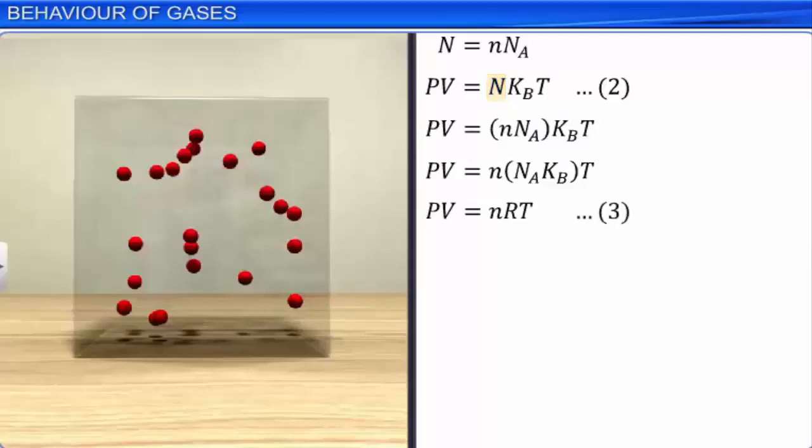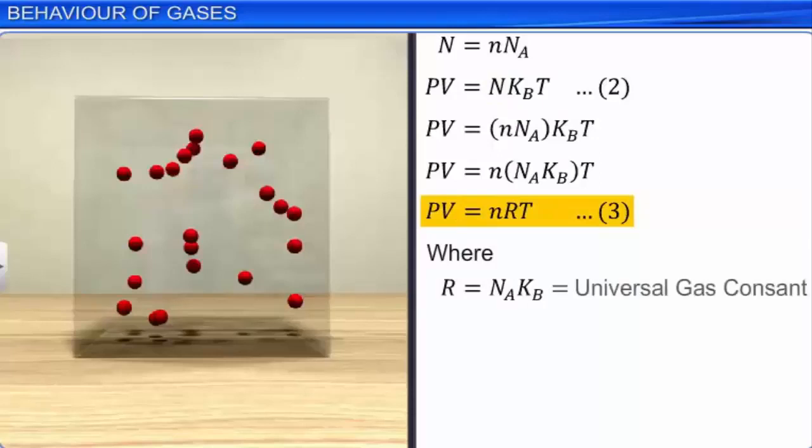In equation 3, R is equal to Na into Kb, called the universal gas constant. The value of R is 8.314 joules per mole per Kelvin. This value is constant for a given system of units. Equation 3 is also called the ideal gas equation.